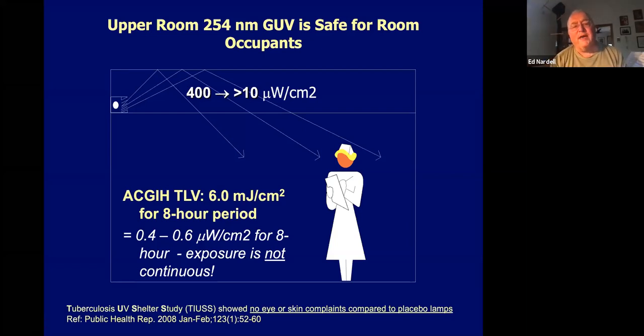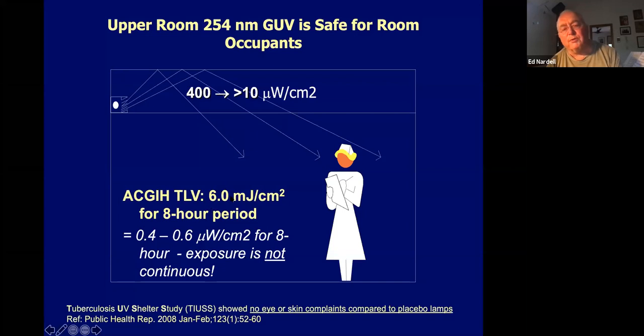Nonetheless, we have an official threshold limit value, the TLV, of 6 millijoules per centimeter squared for 8 hours. This is for workers, welders, etc., but it applies to anybody exposed to UV at work. And this is meant to be a level that can be used day in and day out.